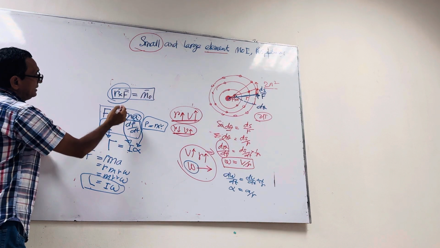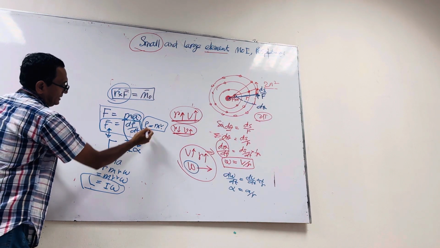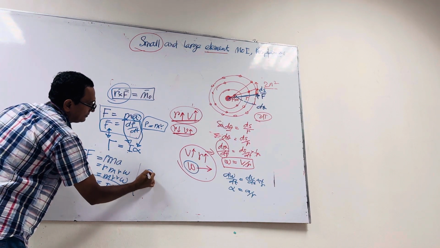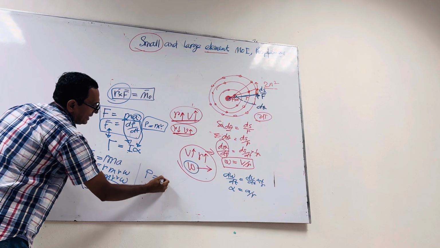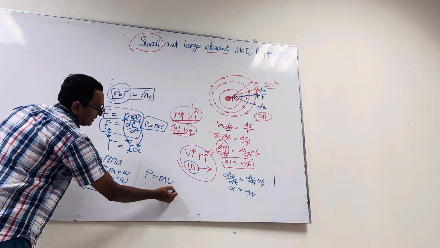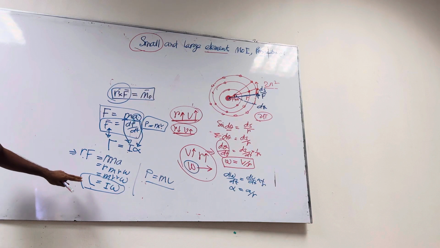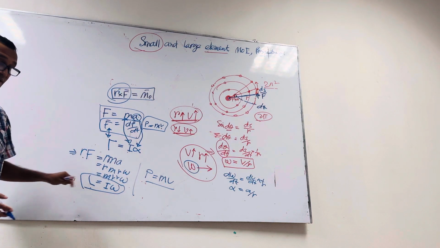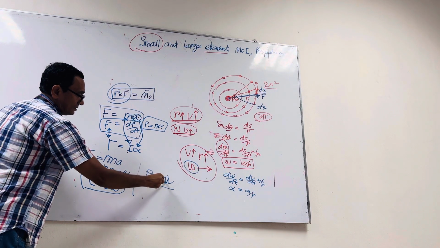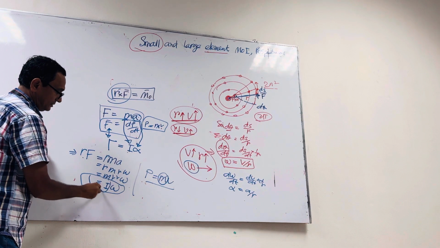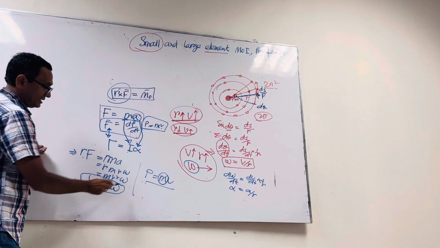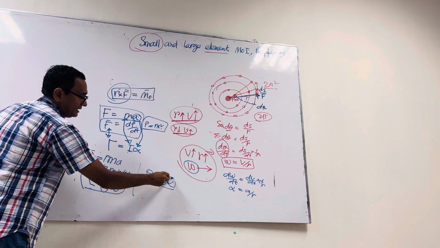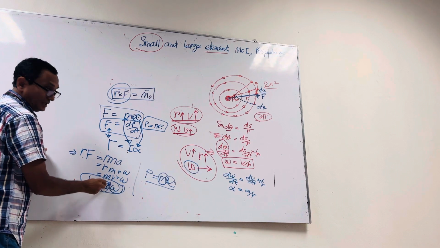So this is the relationship between the angular momentum, moment of inertia and angular velocity. And this is the relationship of linear momentum, mass and linear velocity. So think that the association of these two drivers is different. Here is the involvement of mass, here the involvement of moment of inertia. Here the involvement of linear or translational velocity, here the involvement of angular velocity.